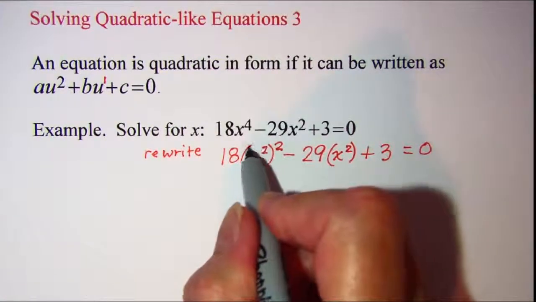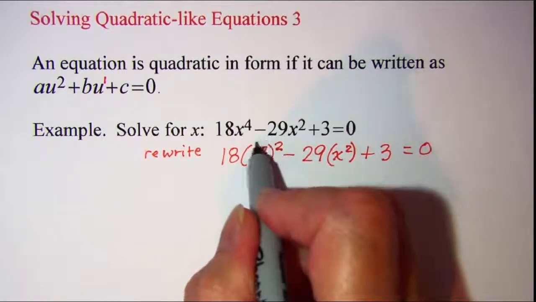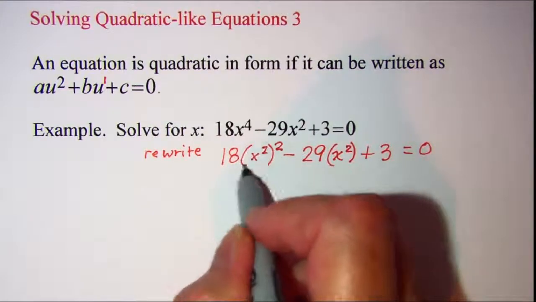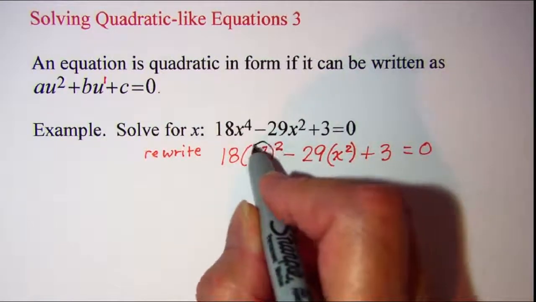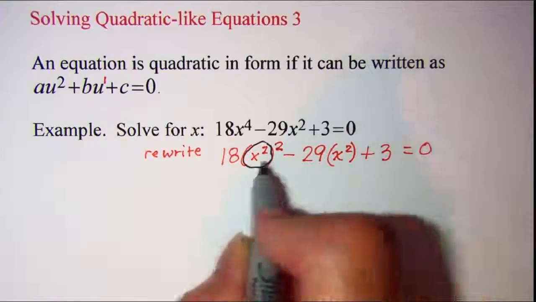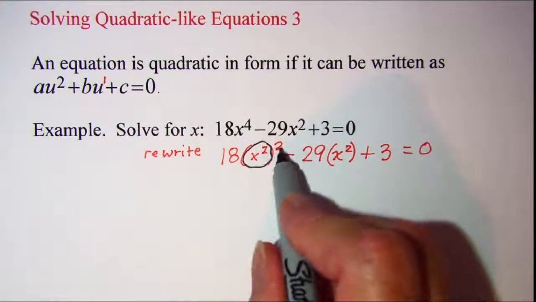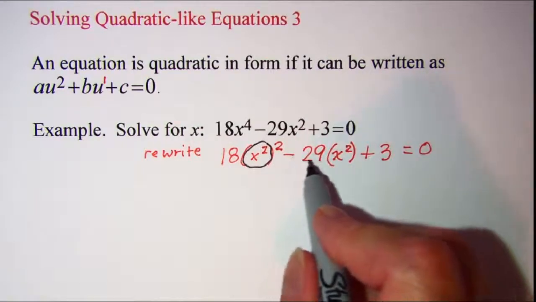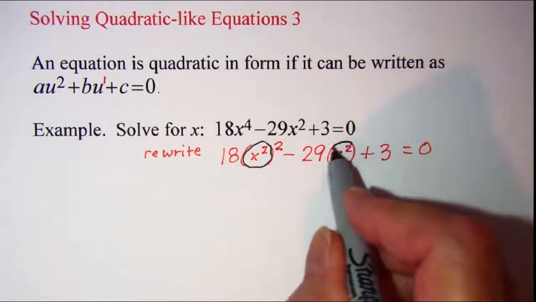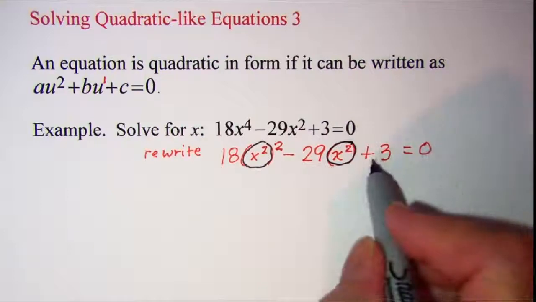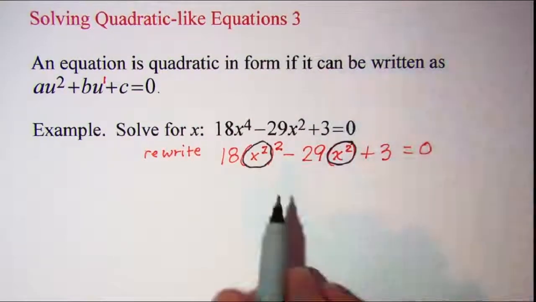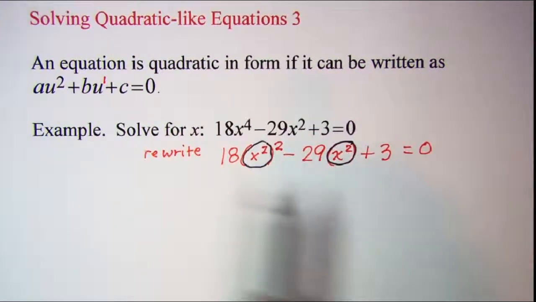Now what we have then is this factor right here, this x squared factor that I have in parentheses, that is my u. So this is 18u squared minus 29u plus 3. So I can solve this with the quadratic formula.